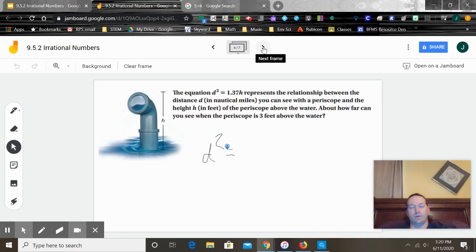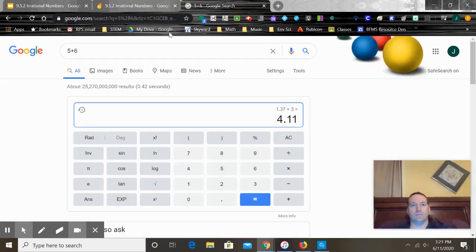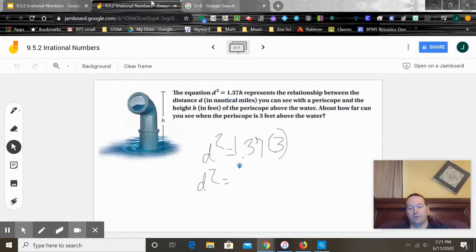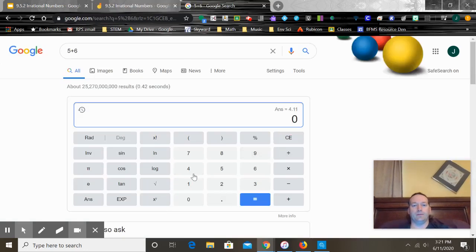So d squared is 1.37 times 3, which equals 4.11. Take the square root of both sides. The square root of 4 is 2, so d is about 2.02, so we'll just call it about 2 nautical miles.